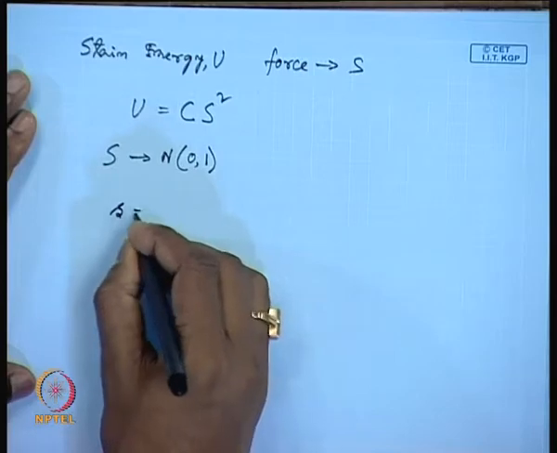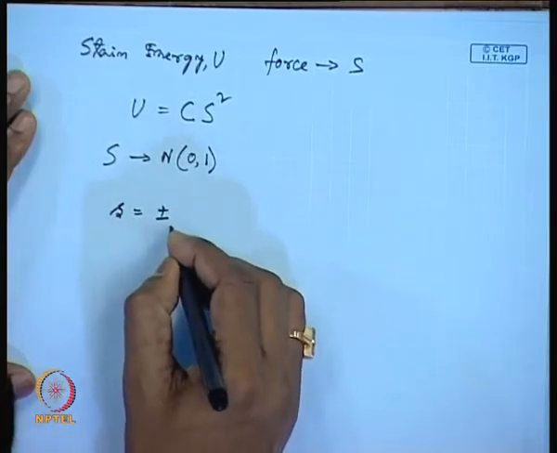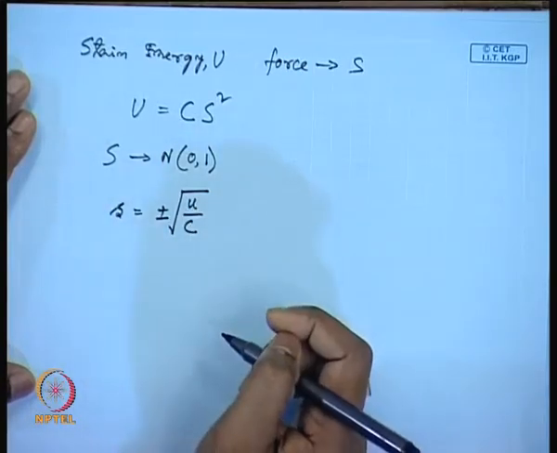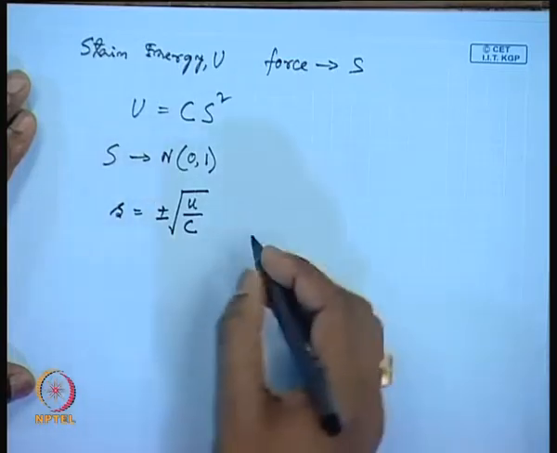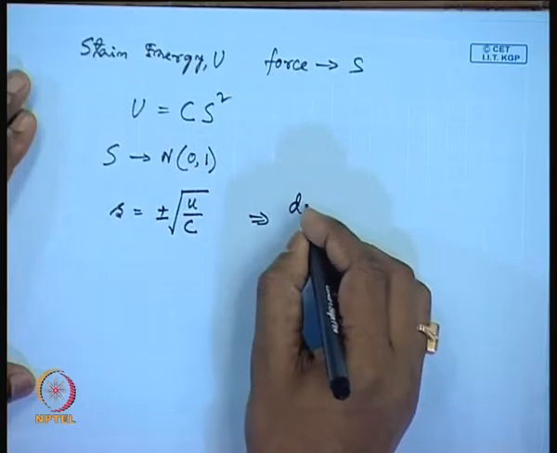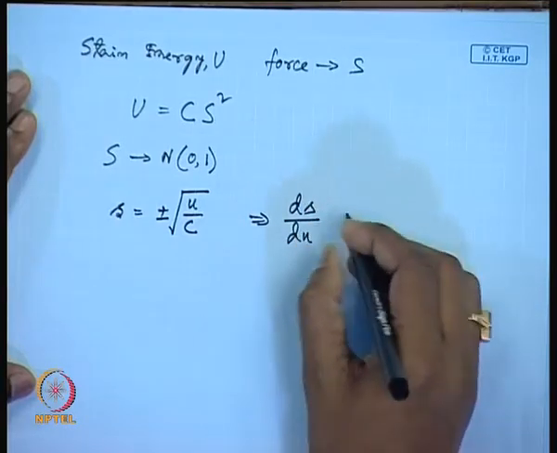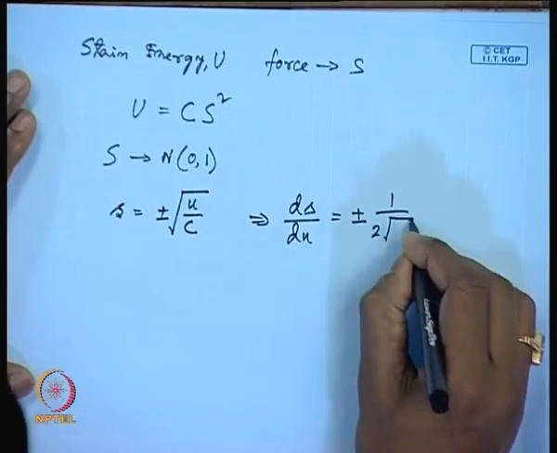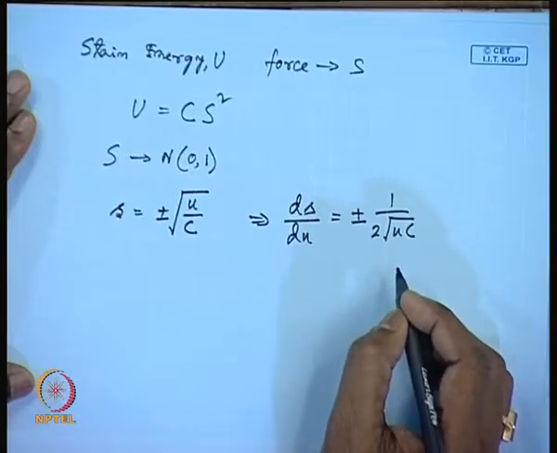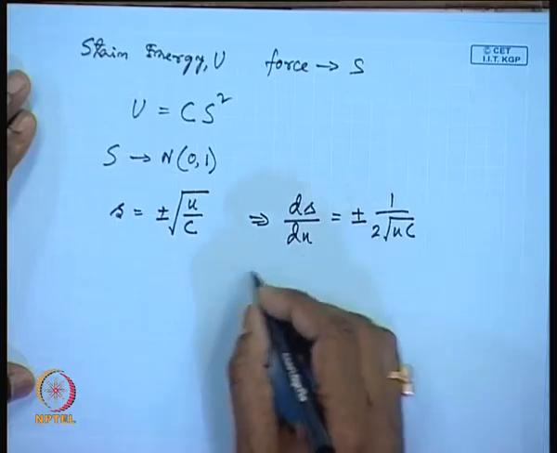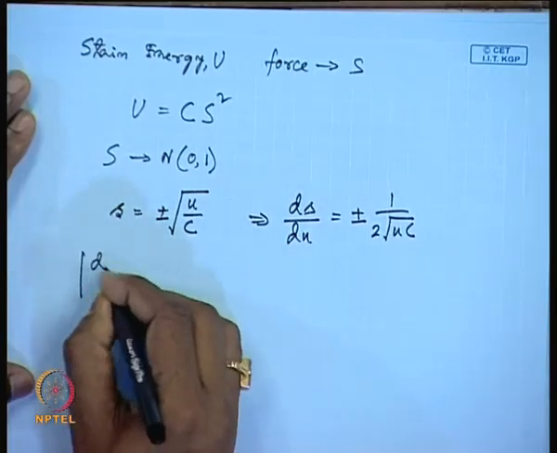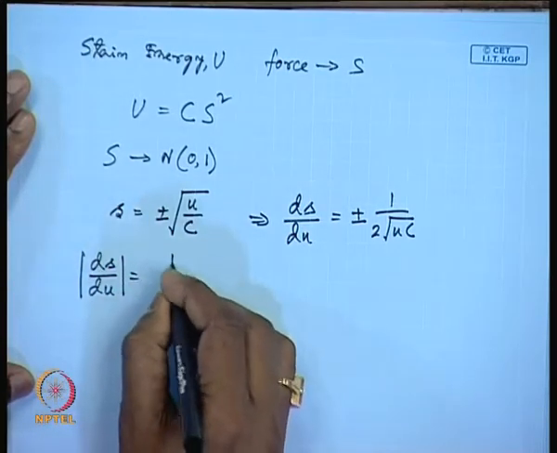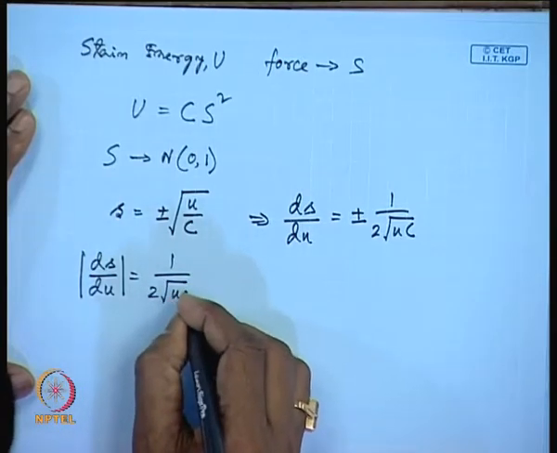So S can be expressed with two roots, one positive and one negative, that is plus or minus square root of U by that constant C. From here we can see that ds/du equals 1 by 2 square root of u C. If we take the modulus of this derivative, which is also known as the Jacobian, it is 1 by 2 square root of u C.